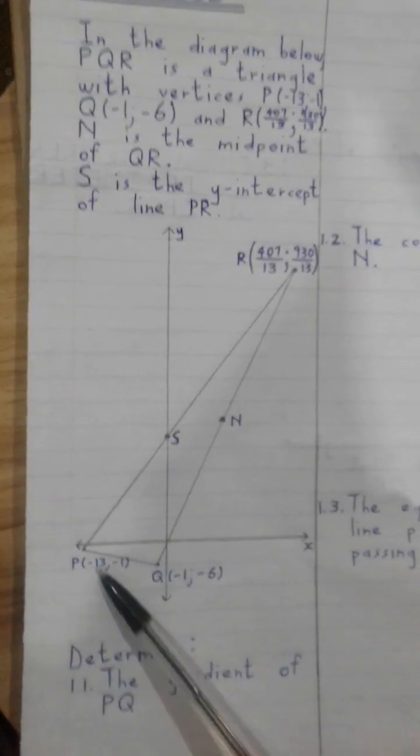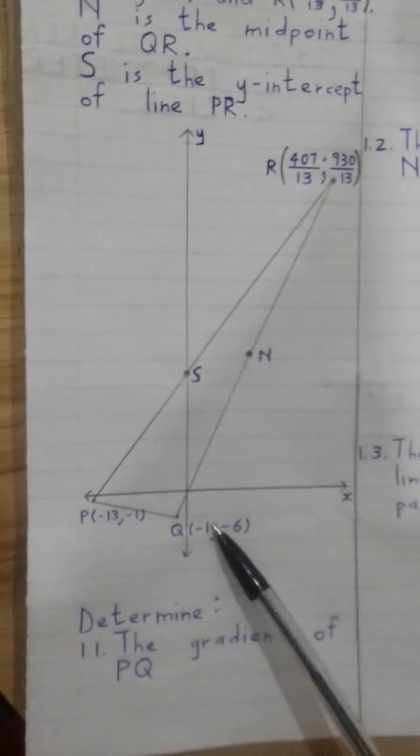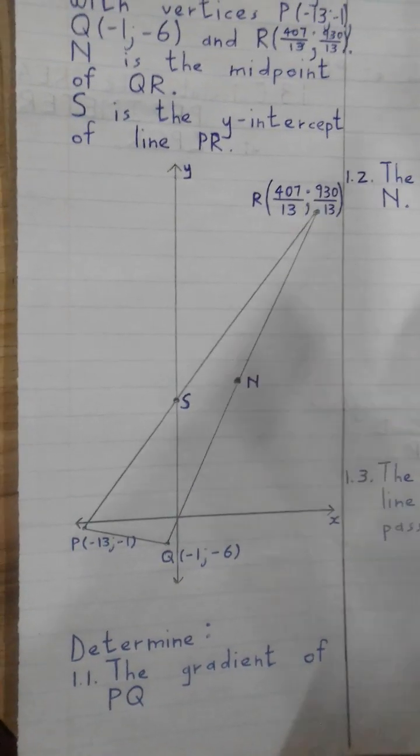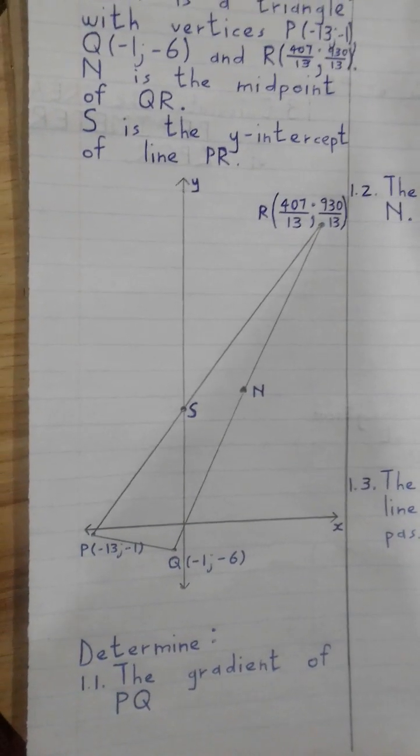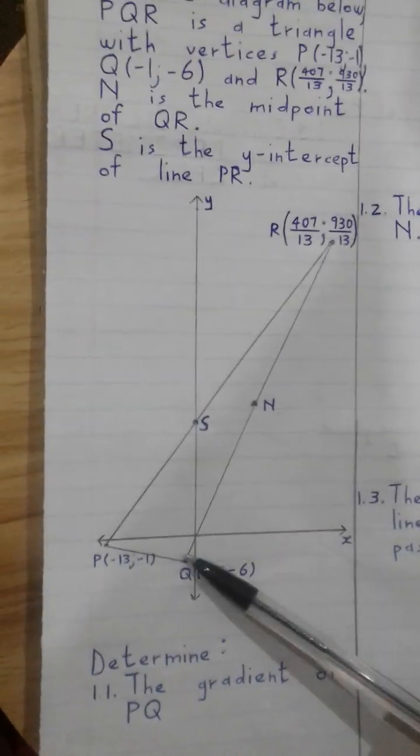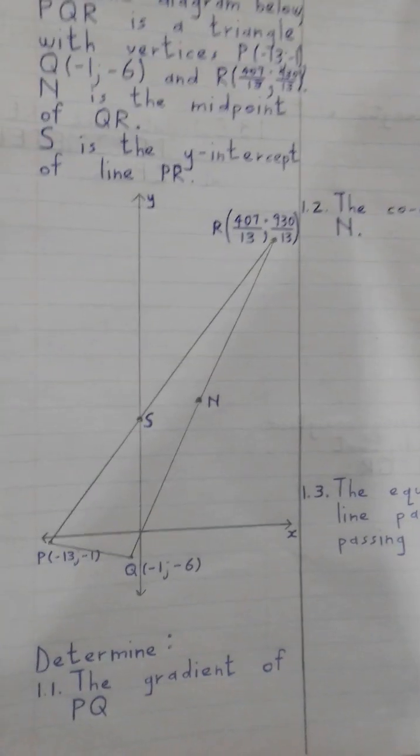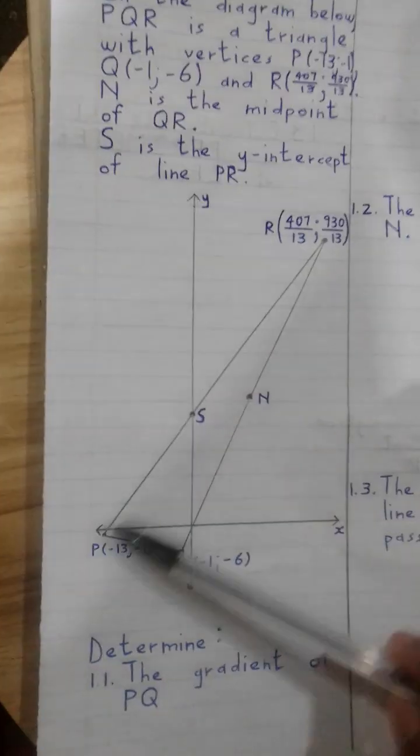So here is P, here is Q, and here is R. It then states N is the midpoint of QR. Here's N, line QR. S is the y-intercept of line PR. Here's S, here's straight line PR.